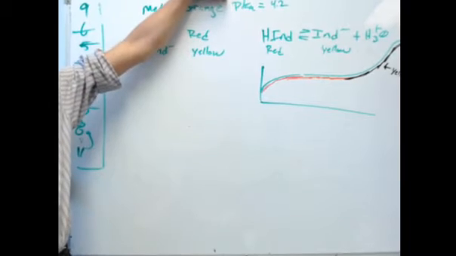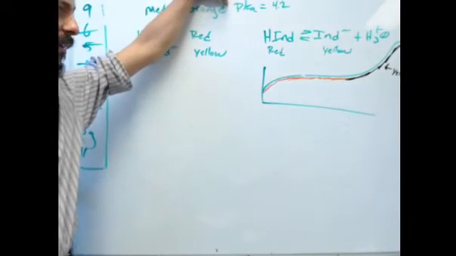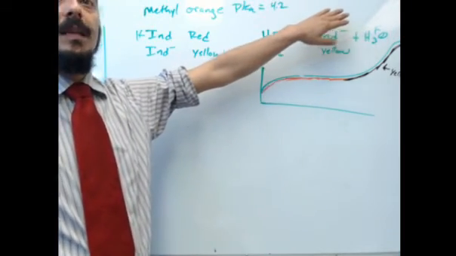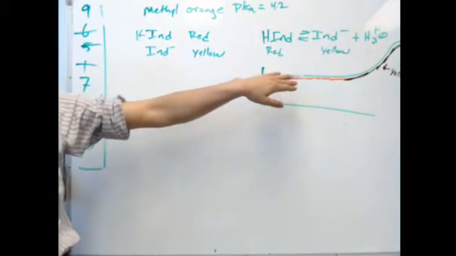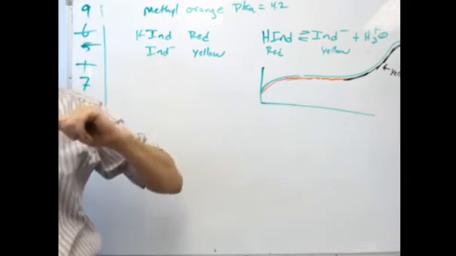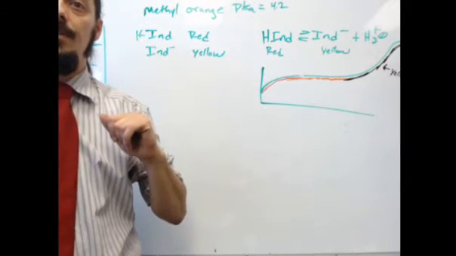So it would start to change. It'd be yellow, yellow, yellow, and then as we get to the equivalence point, it would start to turn orange. And that first appearance of orange would be the equivalence point of that titration.